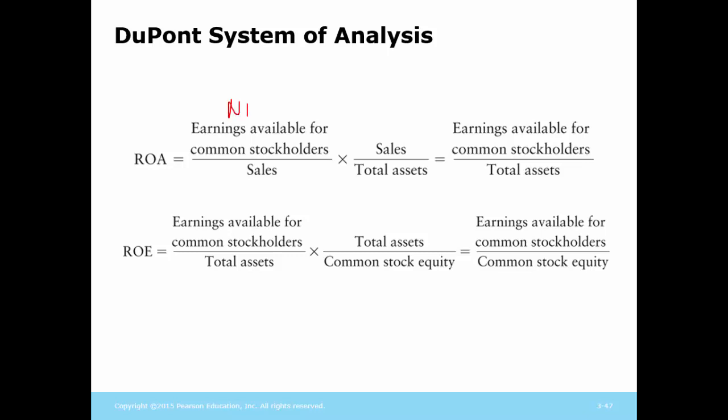So the net profit margin, right? That's the net profit margin. We want to multiply that by total asset turnover. Here's total asset turnover. Well, you see that the sales divides out, and that leaves us with earnings available divided by total assets. And again, this is our ratio over here, return on assets.